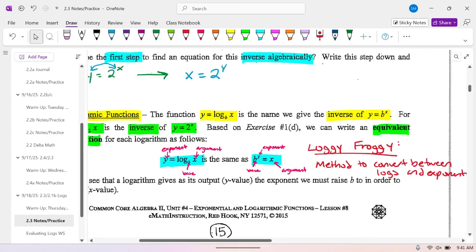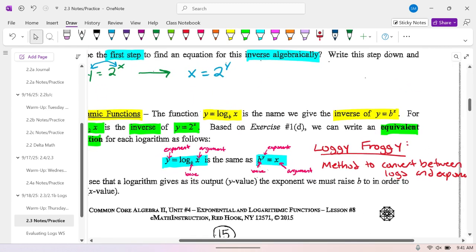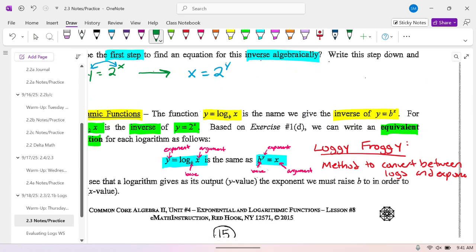So let's do some loggy froggy with x equals 2 to the y power. First thing I'm going to do, just because it makes your life a lot easier, is write it so that it looks like the exponential comes first and then it's equal to whatever. Now, when it comes to loggy froggy, start at the base. All right.